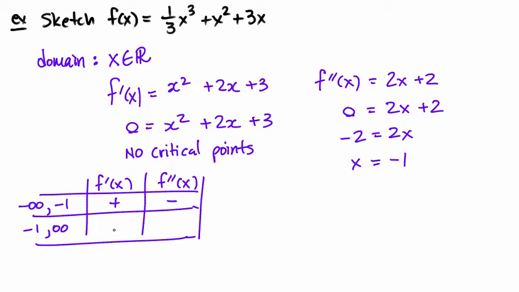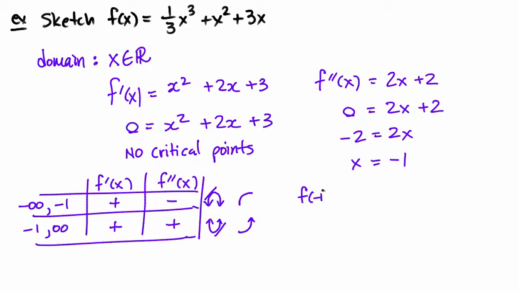Then I pick a number like 0, so I continue to get positive, and 0 in the other one now gives me positive. So I can say, okay, this is concave down but increasing, so it's this shape. And this is concave up and increasing, so this shape. And it switches those shapes when my x value is negative 1.